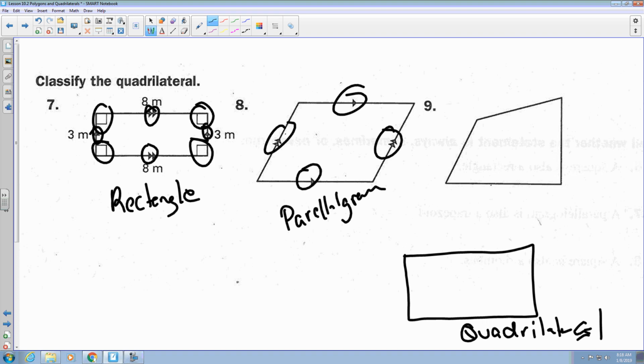And then for this one, since there's no measurements, all we know is we have 1, 2, 3, 4 sides. All we can assume is that this is a quadrilateral. Is it a trapezoid? I don't know. There's no one set of parallel lines, so we can't make that assumption.